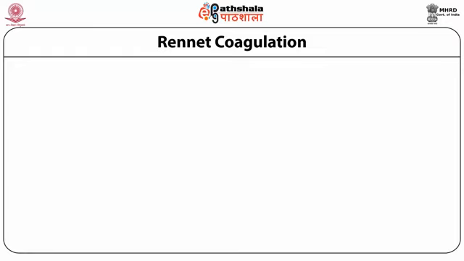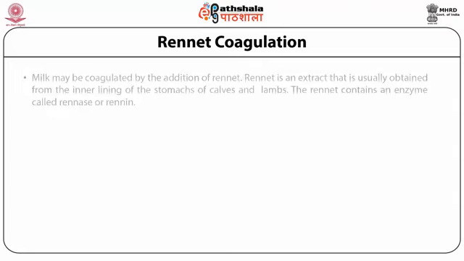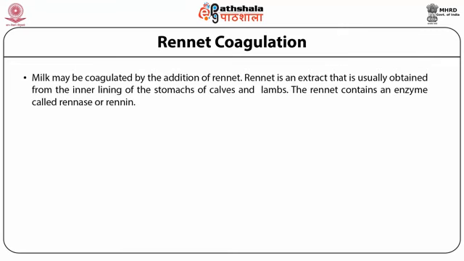Now we come to the second part of milk cookery, or second part of casein aggregation, that is rennet coagulation. Milk may be coagulated by the addition of rennet, which is an extract of the lining of the stomach of calves, and rennet is a rich source of the enzyme rennin.